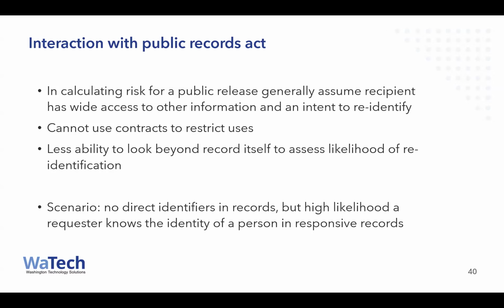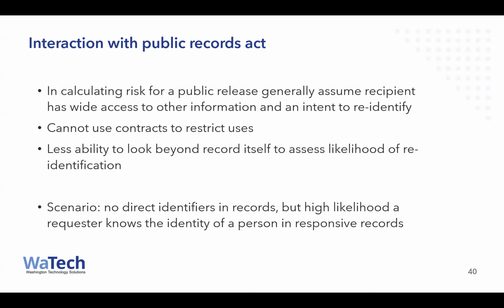Or you may just get very specific requests about something that occurred at a particular time or in a particular location, or about a very specific population, where you're not entirely sure that the person's re-identifiable, but it seems likely that they are, or that someone's trying to get at identifiable records. So there's no silver bullet for this.